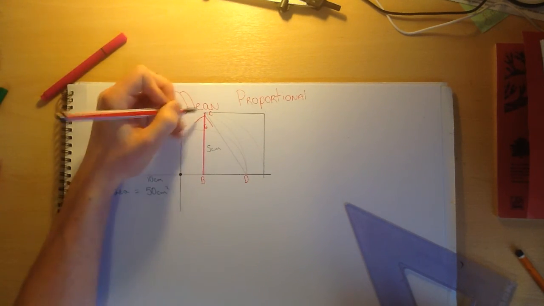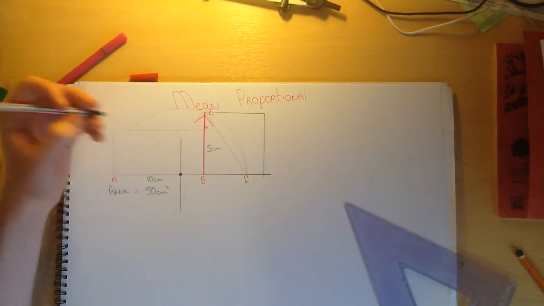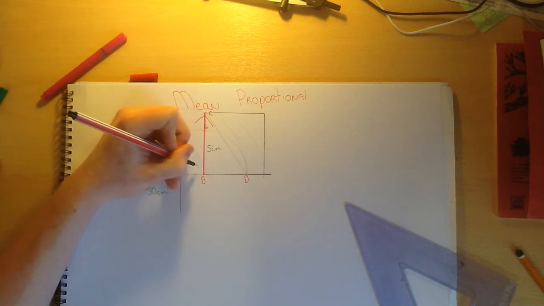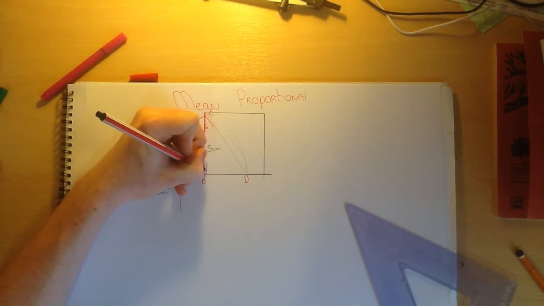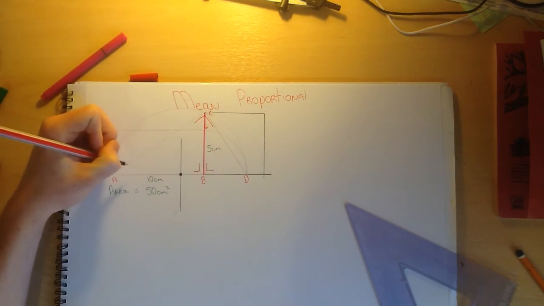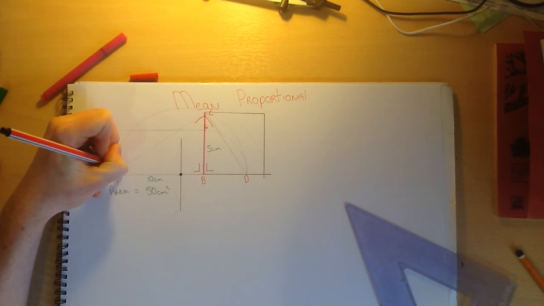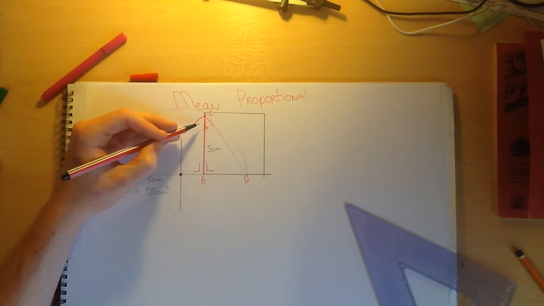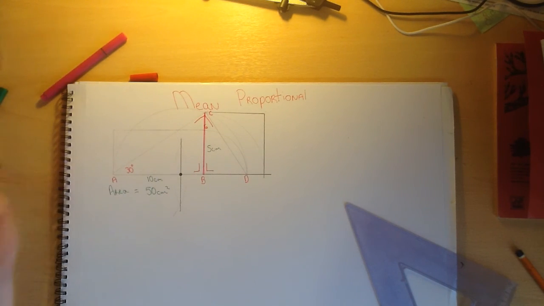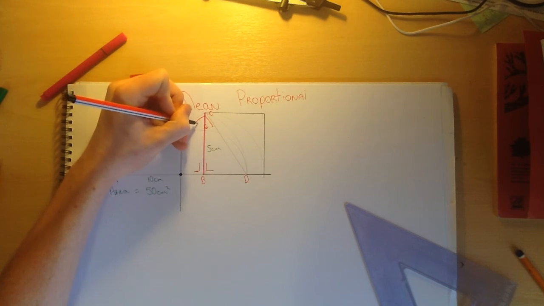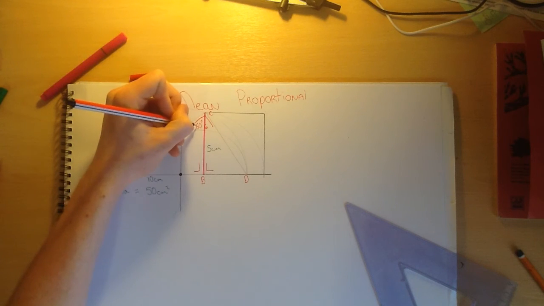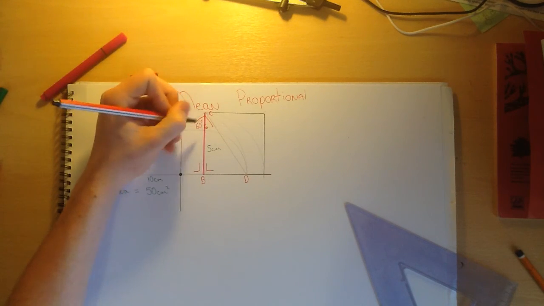So if we know that this is 90 degrees, let's just put in some figures just for examples. So we know that this is obviously 90 degrees and this here is 90 degrees. So let's say this angle, for example, is 30 degrees. This now has to be 60 degrees because the angles in a triangle are 180 degrees. And now if this is 60 degrees, we know that this angle is 90 degrees.